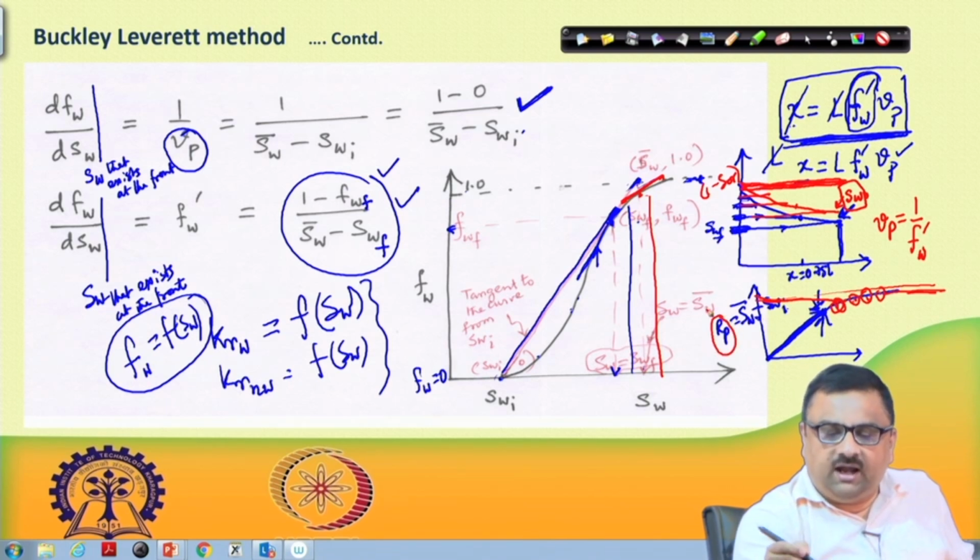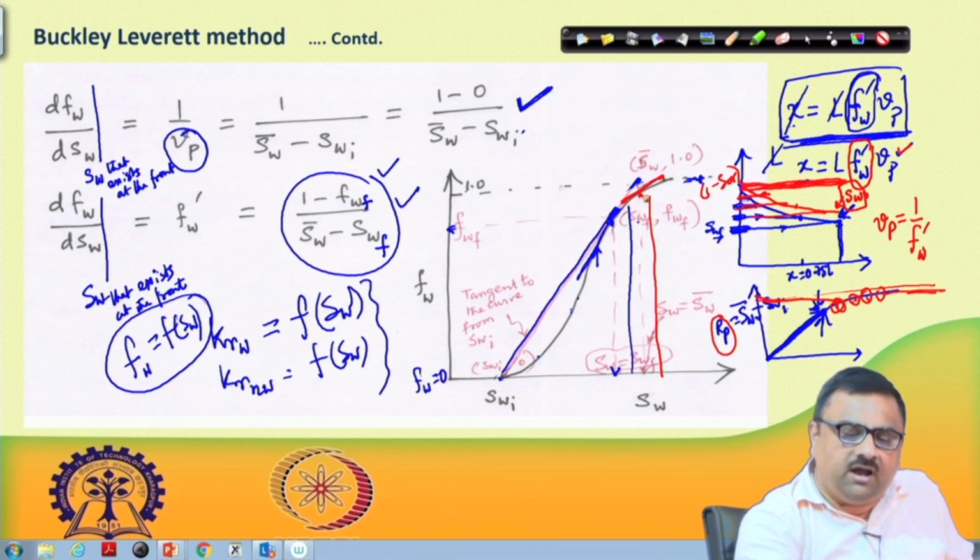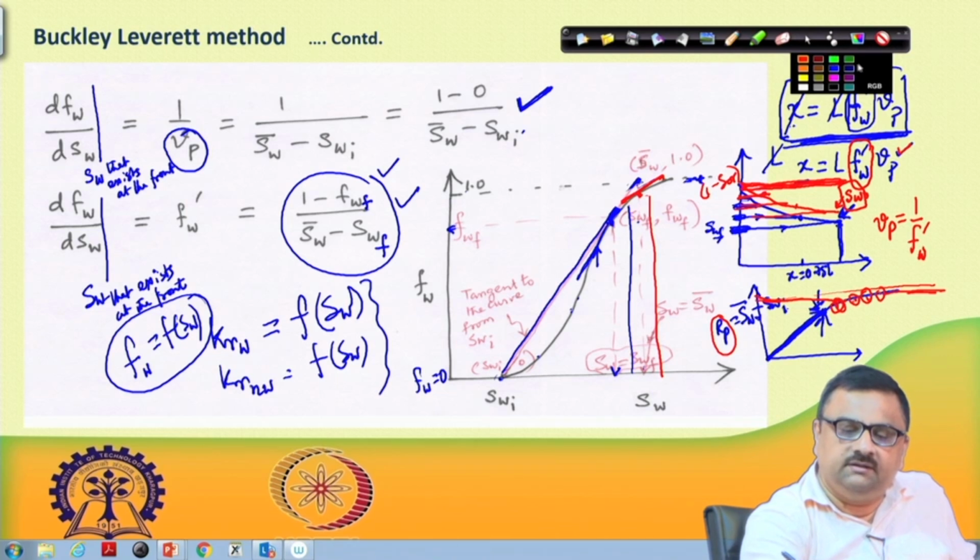Against what is the VP? 1 by FW prime is the VP. So, against this VP how much is the RP produced. From there, with that VP, now you send several packets to this end, and at that time your FW prime would be for all points higher than these.